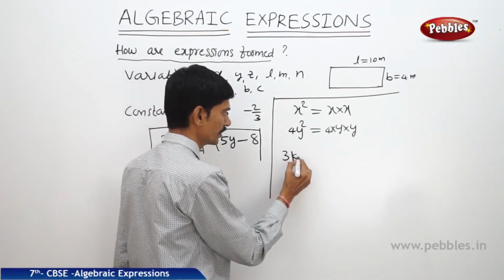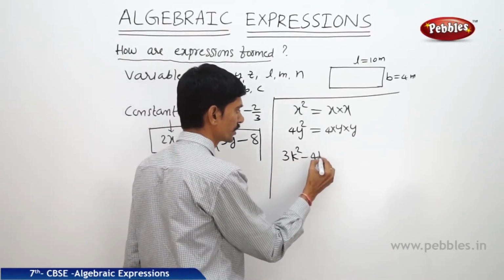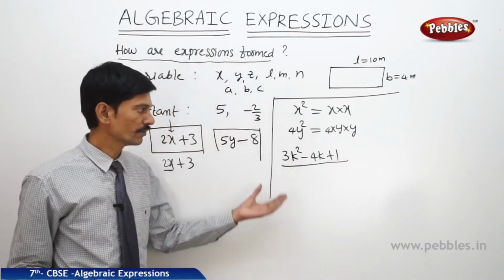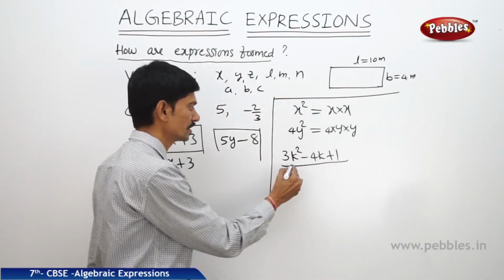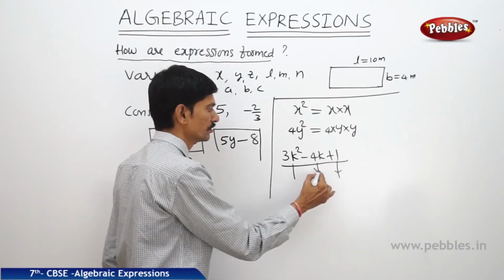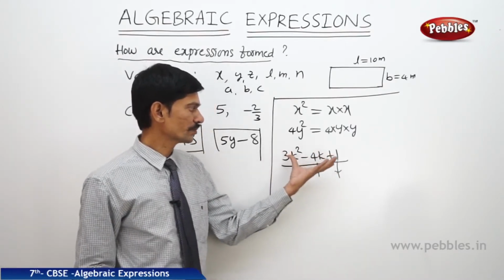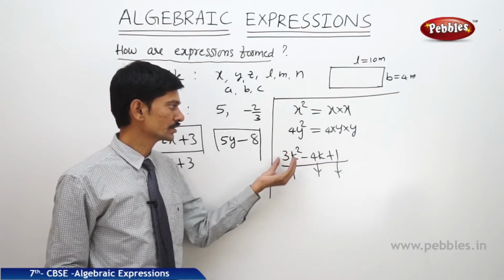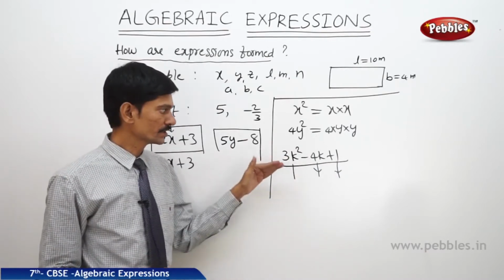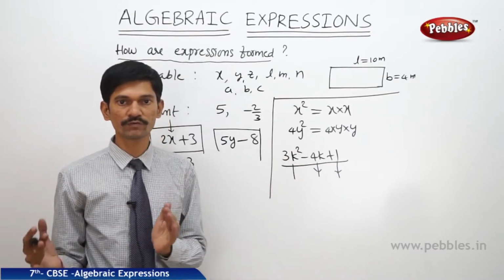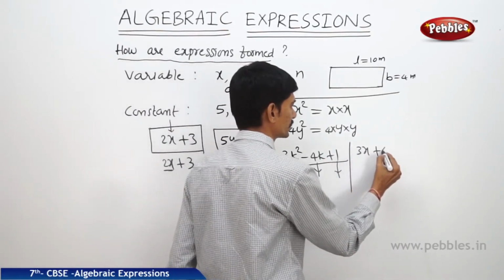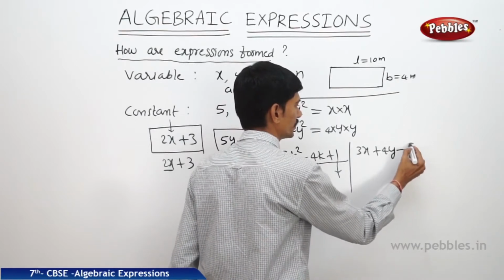3k square minus 4k plus 1. This is also an expression obtained from three terms: 3k square, minus 4k, then plus 1. This expression is obtained by considering three terms with the variable k. Sometimes an expression can contain two or more variables, such as 3x plus 4y minus 8.